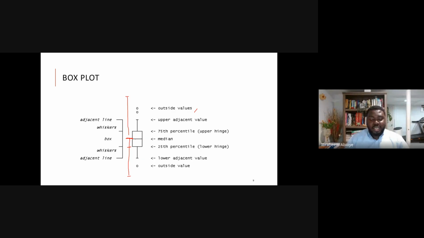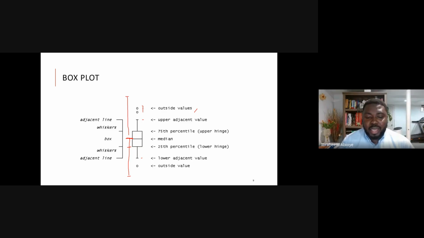But there's another metric that we're always interested in, which is the lower adjacent value and the upper adjacent value. Because what we're really trying to get is where the majority of the data set is located, and we want to know if there are values outside that.